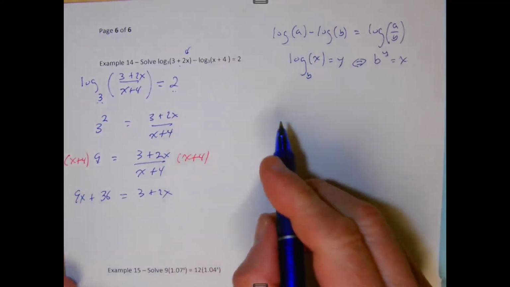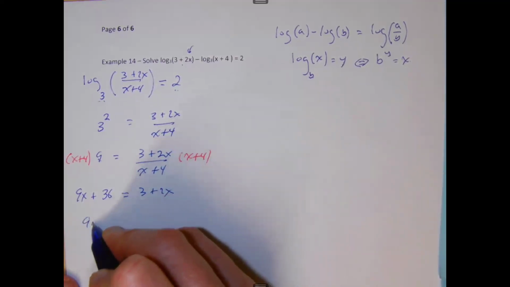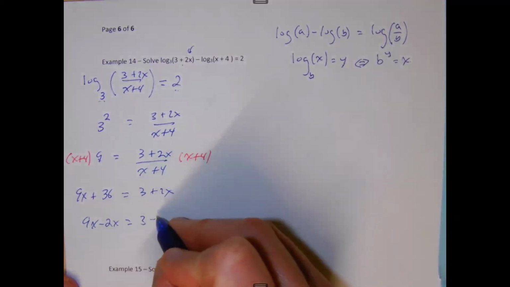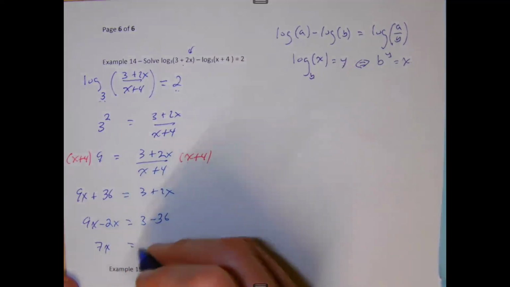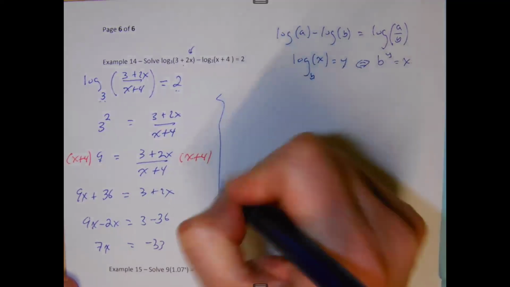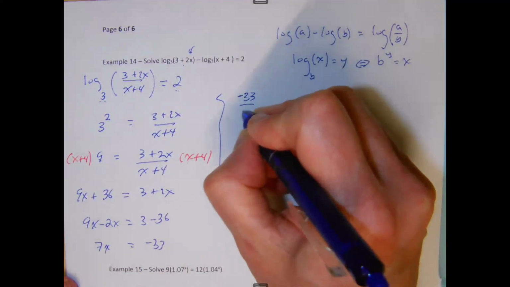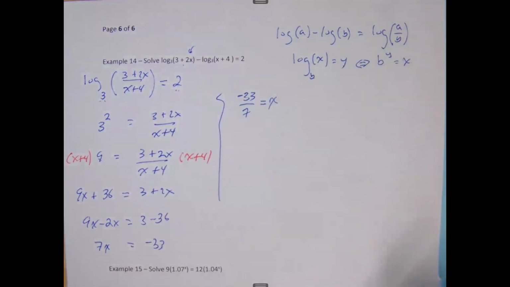I just got to solve a linear equation. Subtract 2x from both sides. Subtract 36 from both sides. So I get 7x is equal to negative 33. Divide by 7, and I get what x can be.